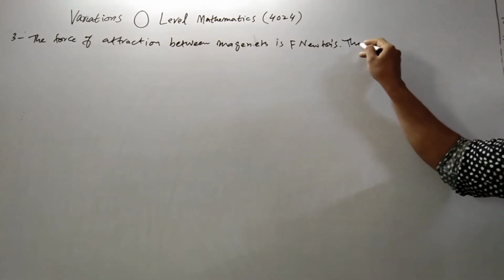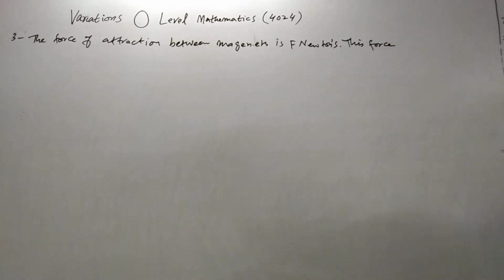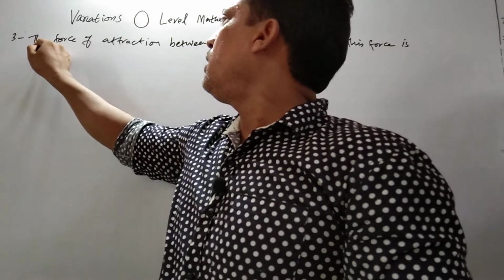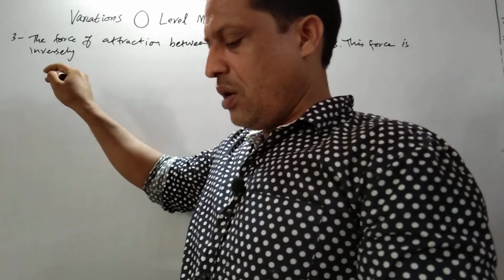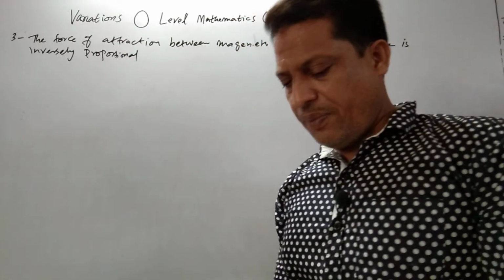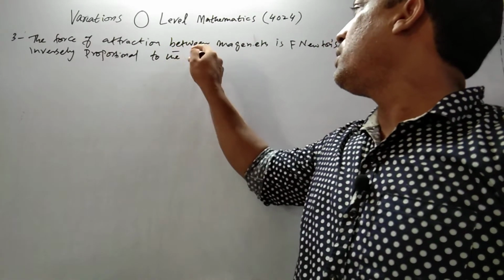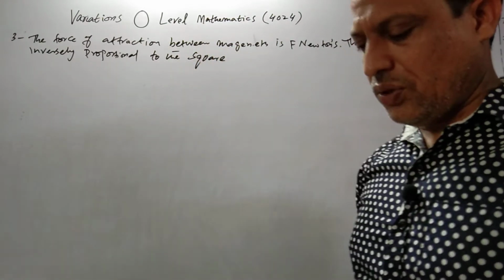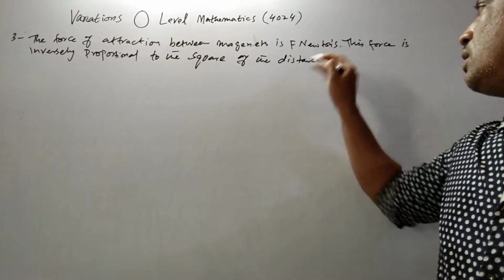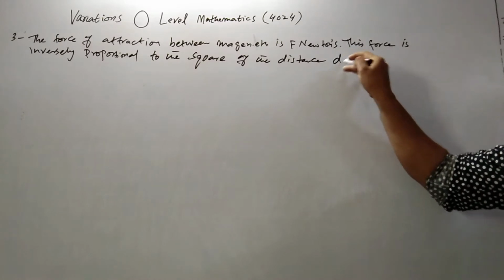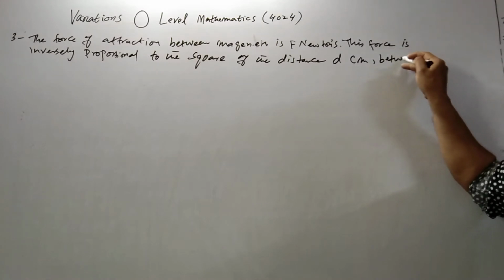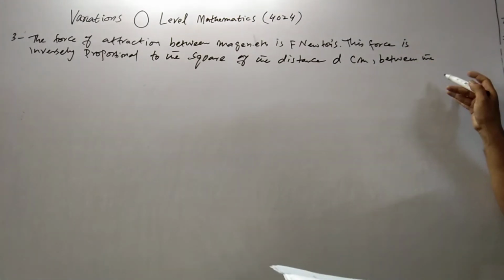This force is inversely proportional to the square of the distance d centimeters between the magnets.